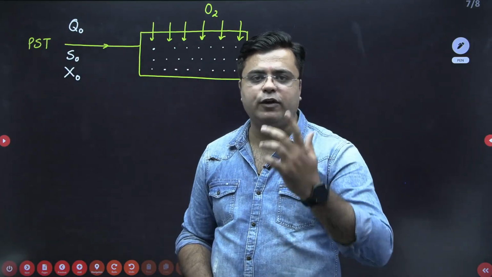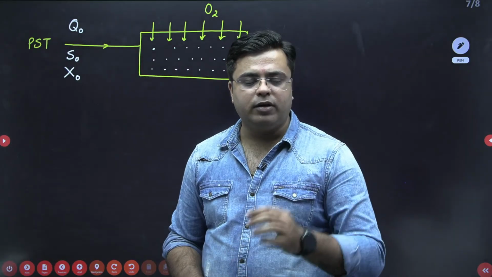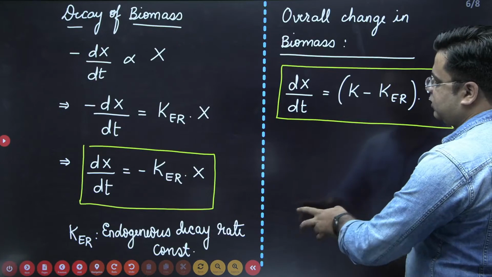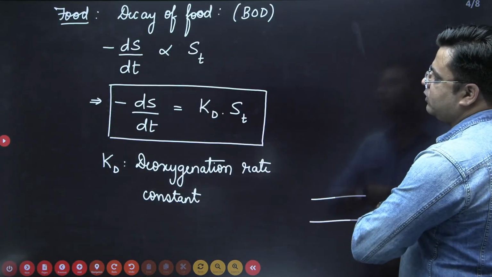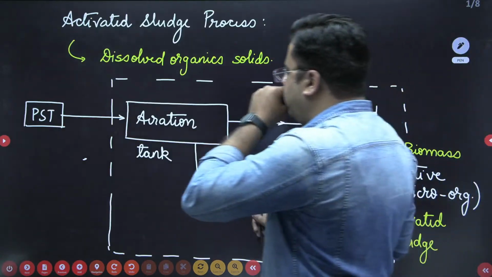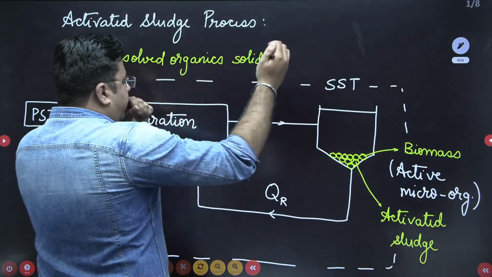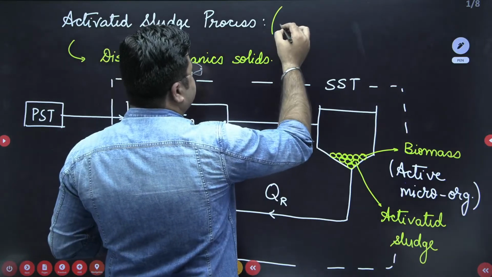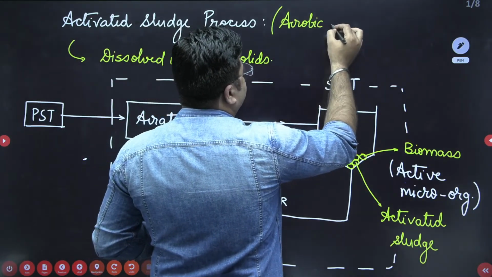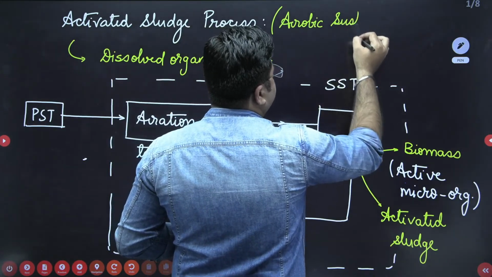Again, a very favorite statement can be framed for your multiple select question. So what is your activated sludge process? So I'll write here. Activated sludge process is your aerobic suspended growth system.